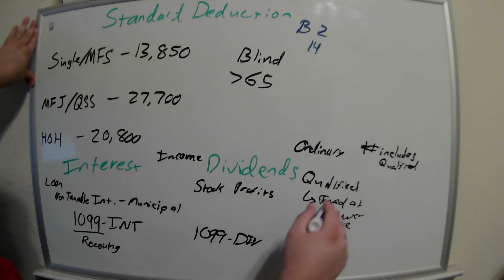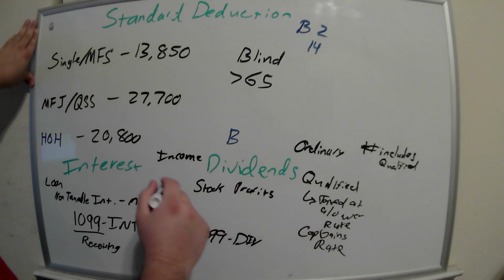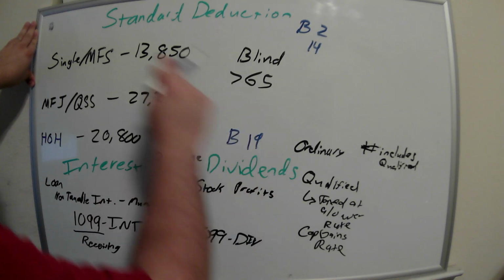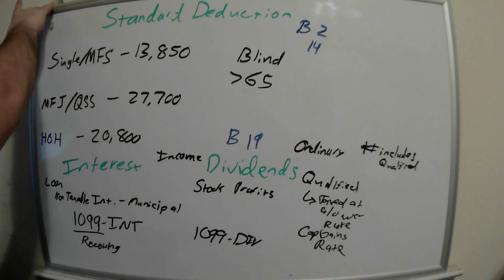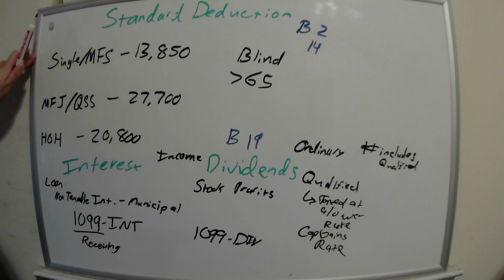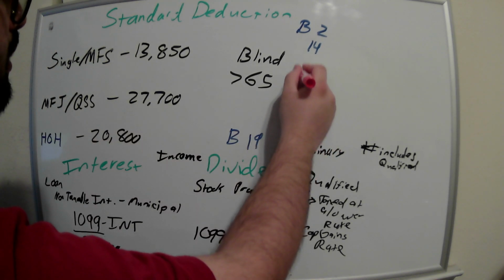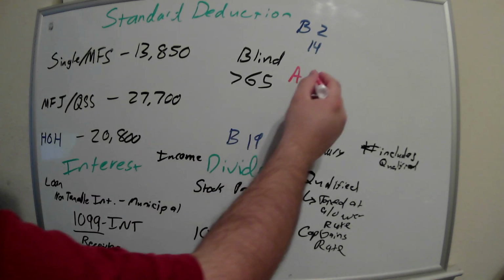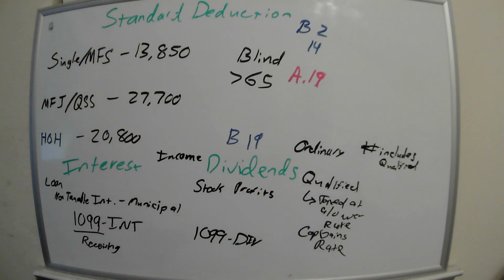And then for the dividends, there is a question, and that is question 19. Then for advanced, question 19 for standard deduction. Alright, so at this point go answer those questions if you have not already.